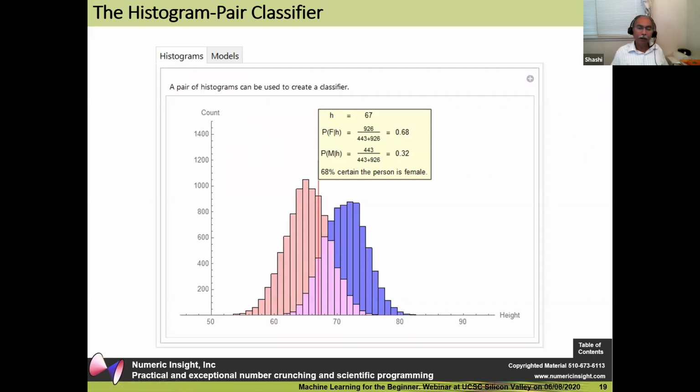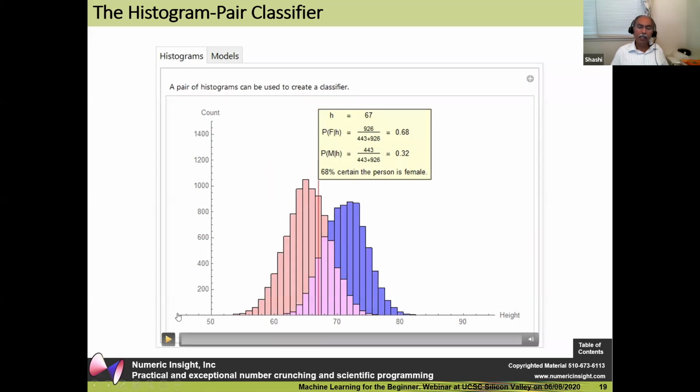If you have a query, and in this case a query is nothing but a height, all you need to do is go to that query on this horizontal axis, and you'll be able to read off the total number of females and males having that height. That will allow you to compute the two probabilities, and you will be able to say whether the person is female or male. You will also be able to quote this certainty.